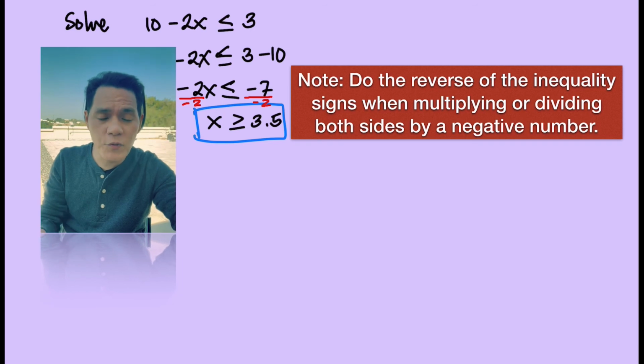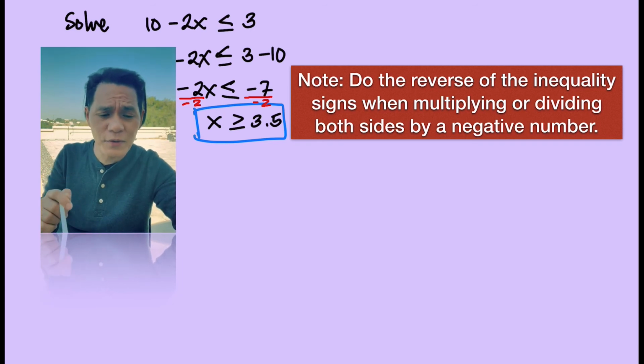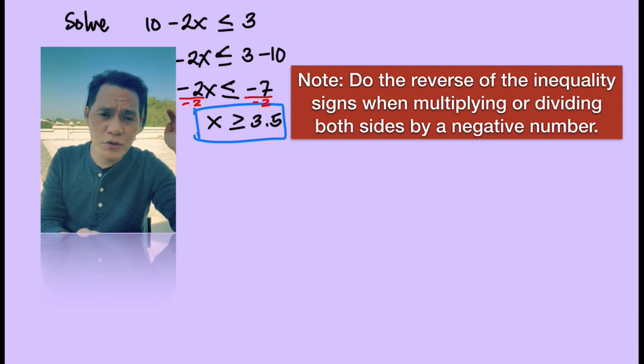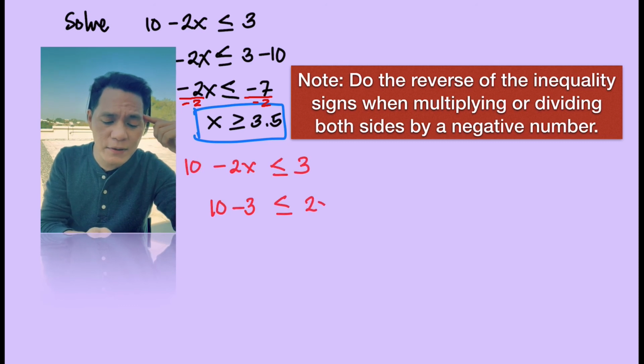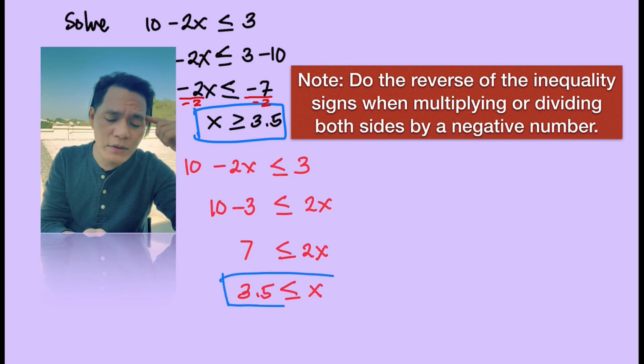Okay, I have here another way of showing it. In order to avoid working with negatives, dividing or multiplying negatives, I'm rewriting the inequality first. You have 10 minus 2x less than or equal to 3. Since I want to avoid working with negatives, I am just transposing this negative 2x to the other side, making it positive. And then the 3 on the other side, I'm combining with the constants. 10 minus 3 is equal to 7.